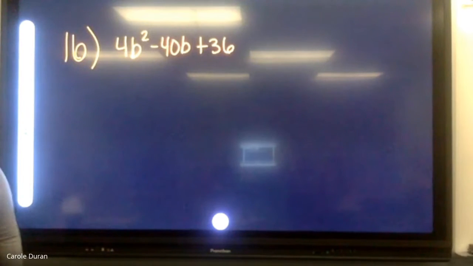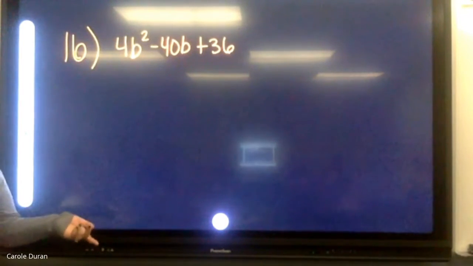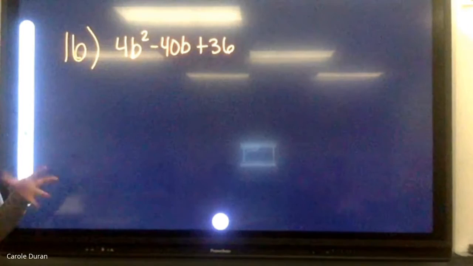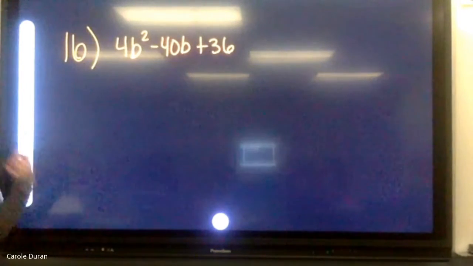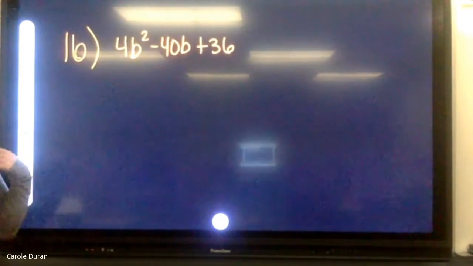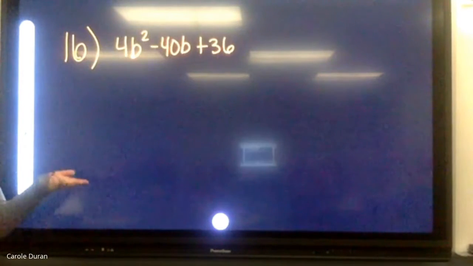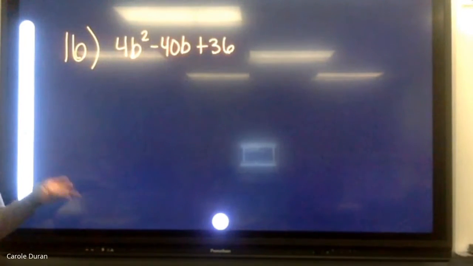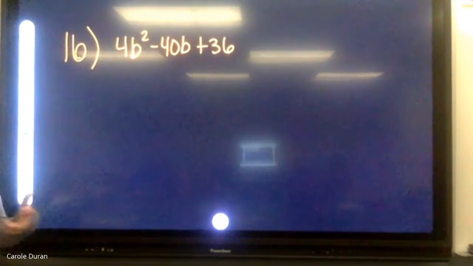If I'm looking to factor this, the first thing I usually check is to make sure that it doesn't fit into any of my special cases, because if it does, I know how to factor those separately. This one is not any of those special cases. It's not a perfect square trinomial. It's not a sum or difference of cubes, and it's not a difference of squares. So that means I'm factoring this one just like normal.